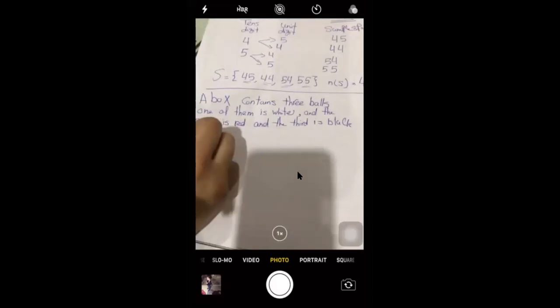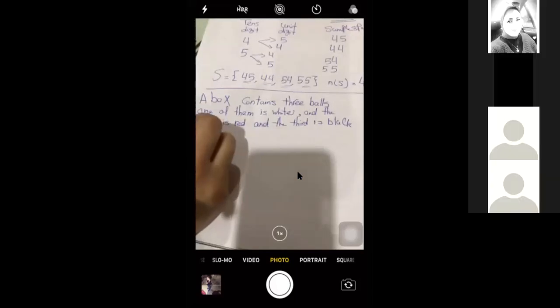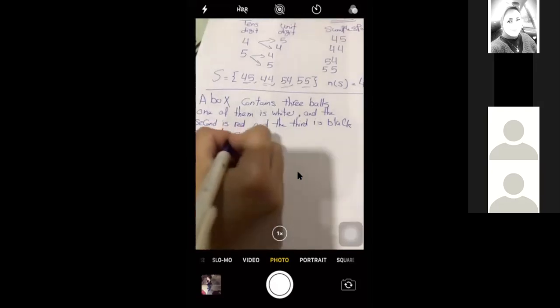Find the sample space and the number of elements.